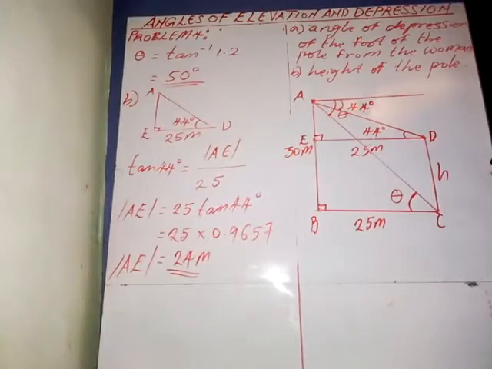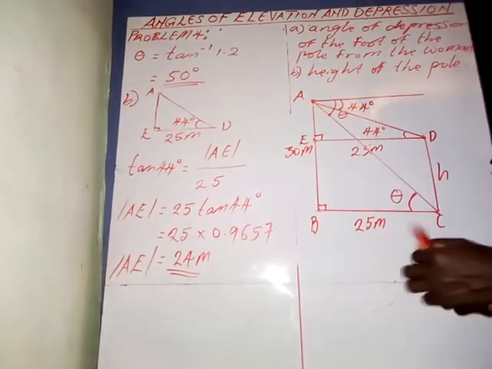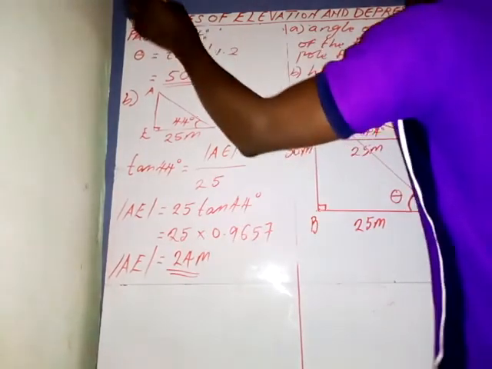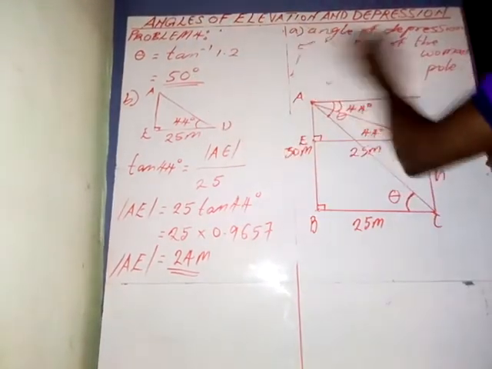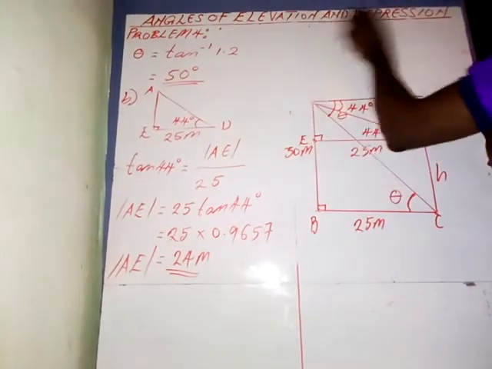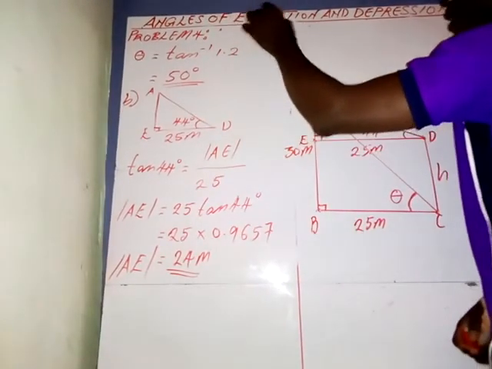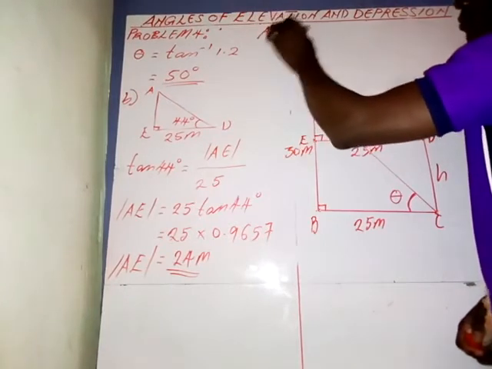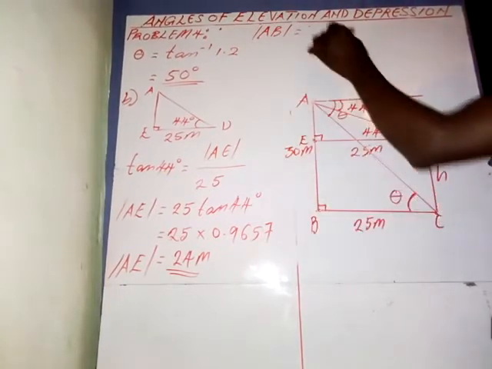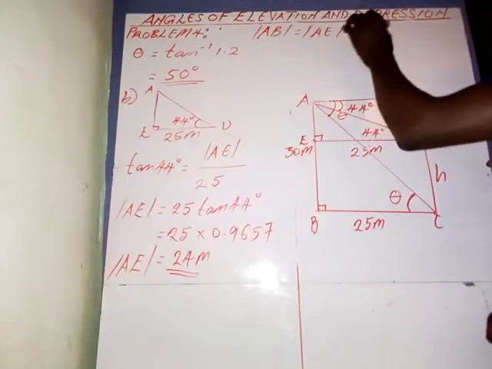So if AE is 24 meters, what is BE? Let's look at what we have here. I will rub this off. Having rubbed this off, distance AB from here to here is equal to AE plus BE.